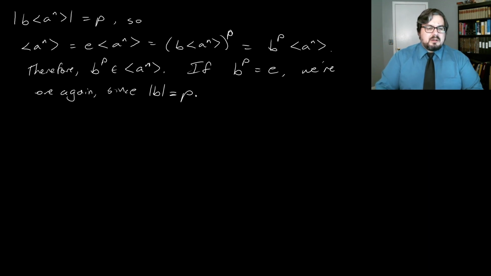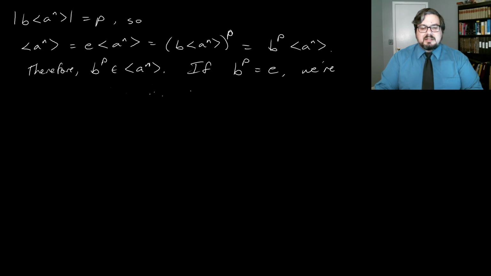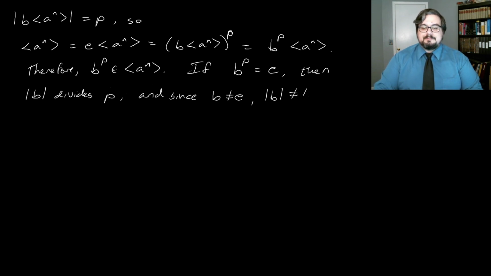Let me put in a couple more details like that. So if b to the p is equal to e, the identity, then that means that the order of b divides p, and since b is not equal to the identity, that tells us that the order of b is not equal to 1.